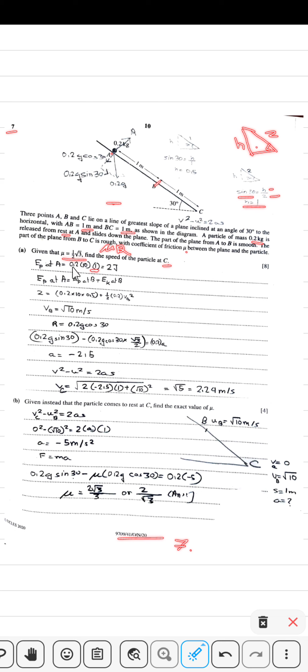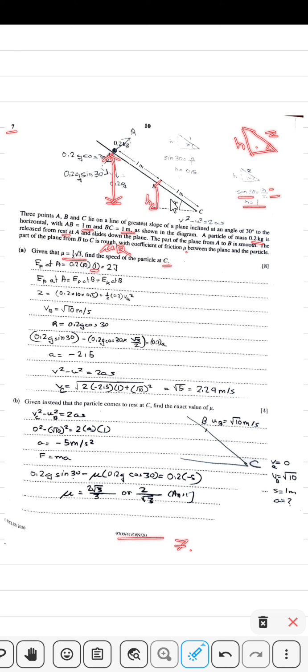So the gravitational potential energy is mass times gravitational field strength times the vertical height, which is 1. Now we know the gravitational potential energy at A. For the gravitational potential energy at B, we know the hypotenuse and the angle, so sine 30 is opposite by hypotenuse, and the opposite is represented by h2.